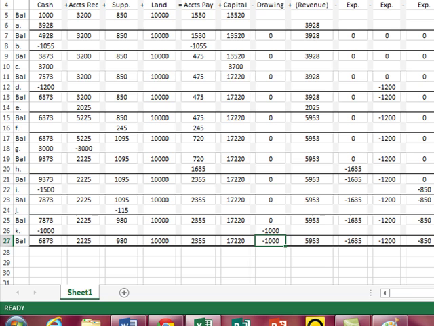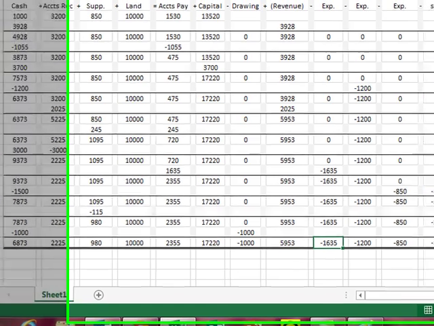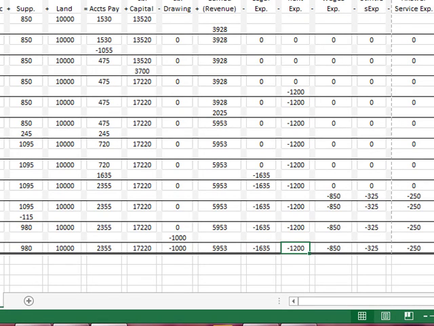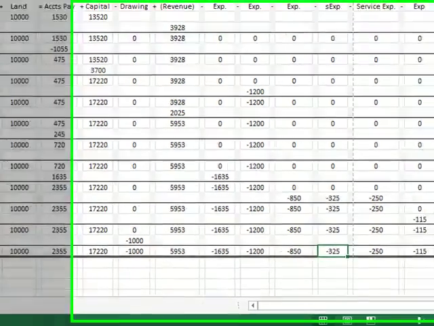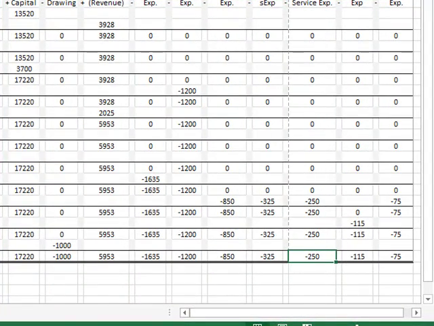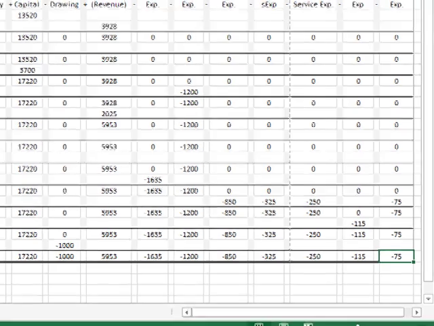The drawing account has $1,000. Fees earned, $5,953. We had legal expense of $1,635. Rent was $1,200. Wages expense $850. Utilities expense $325. Answering service expense $250. Supplies expense $115. And the miscellaneous expense of $75.